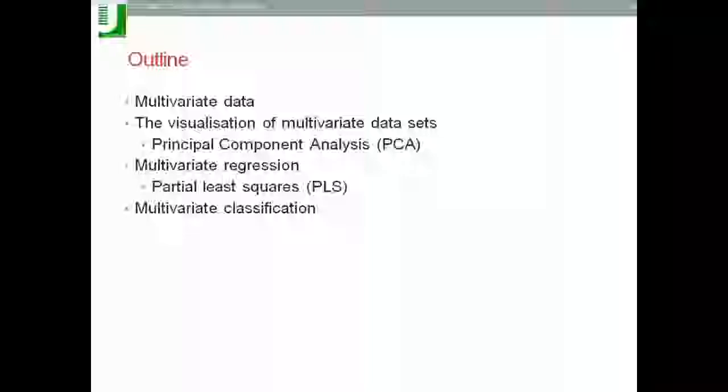There are, of course, a number of different algorithms or methods to treat the data. I will confine my presentation today to two approaches, principal component analysis and partial least squares. That is the basic.